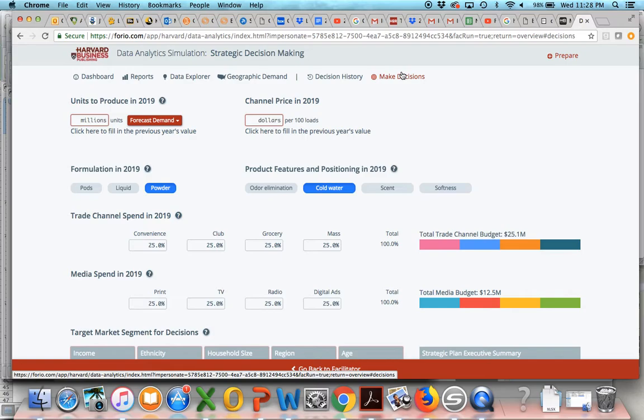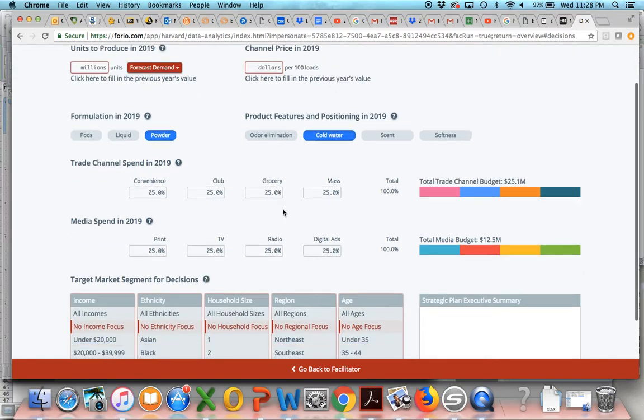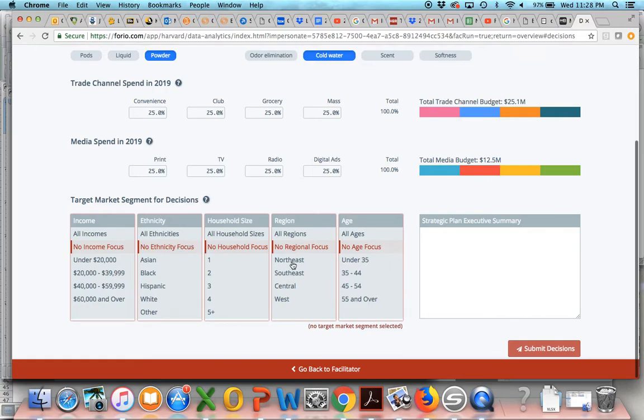So basically, for each of the 4 years, you're going to look at this information, decide how you want to attack this. You come to make decisions, and this is where you decide how much to make, what to price it at, what formula to choose, what product feature, how to allocate your spending, how to advertise, and what target markets to focus on.